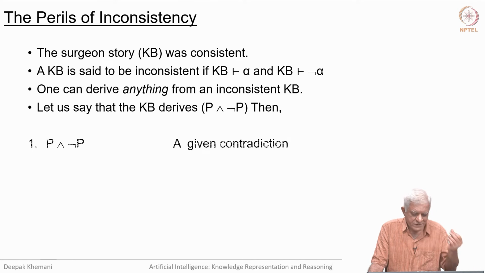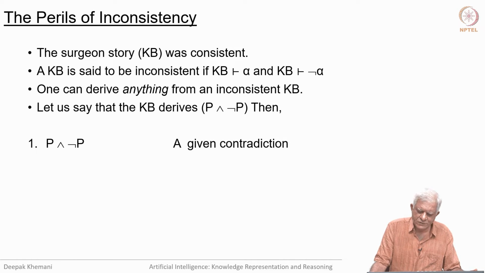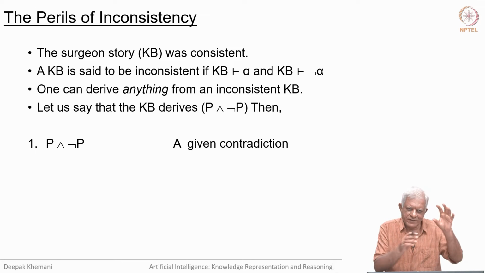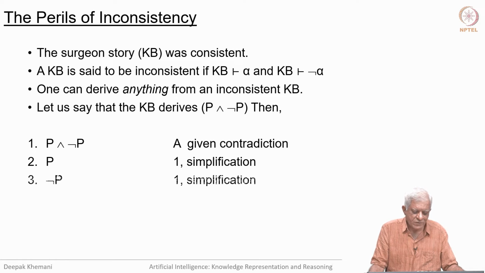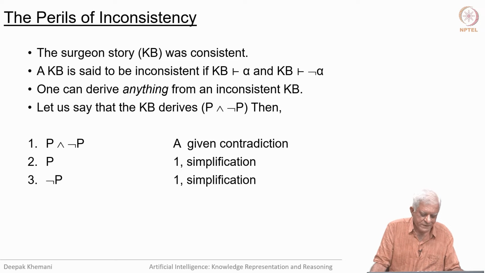Let us say that our knowledge base derives the sentence P and not P. So, the knowledge base is unsatisfiable essentially, and somewhere in that derivation we could derive P and we could also derive not P. So, if we are given this, then we know that P is true and not P is true.